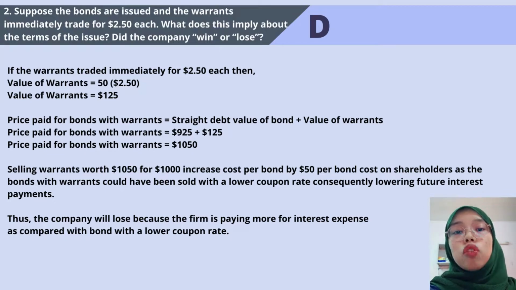So the price paid for the bond with warrants is $925 plus $125, which is $1,050. Selling a package worth $1,050 for $1,000 increased the cost per bond by $50, a cost to shareholders, as the bond with warrants could have been sold with a lower coupon rate, consequently lowering future interest payments. So the company loses because the firm is paying more interest expense as compared with a bond with a lower coupon rate.